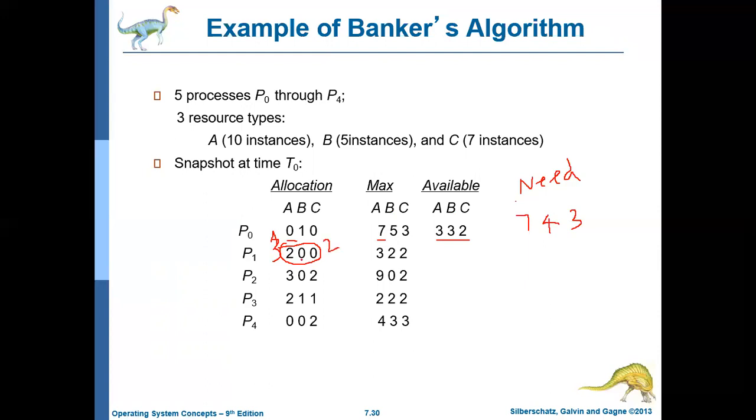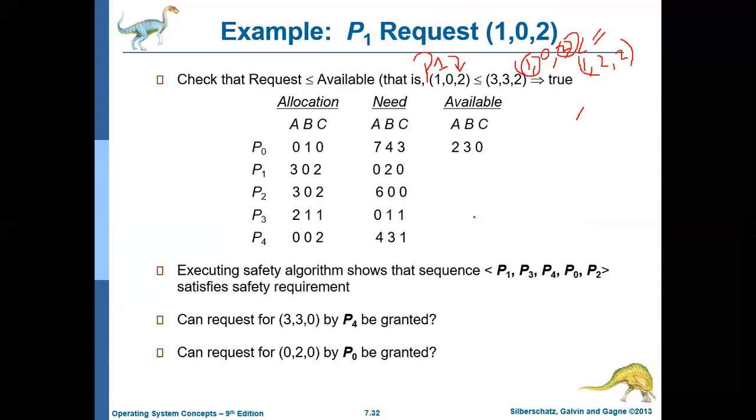So it will become 302. And what will happen to available? This 3 will become 2 because one resource from available was given to P1, and this 2 will become 0. So that is how here we got 230, and here we got 302.